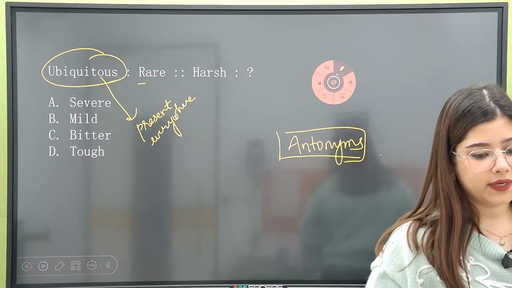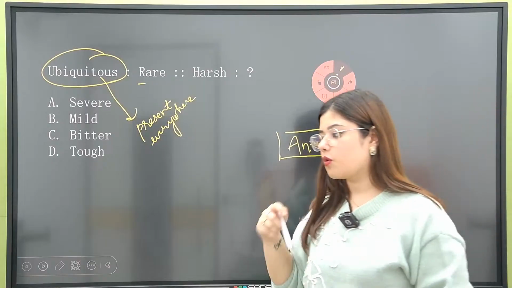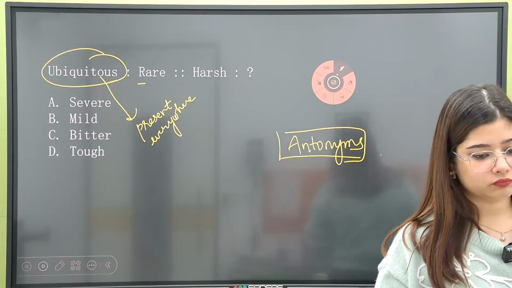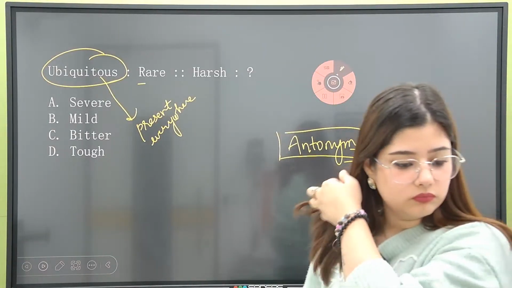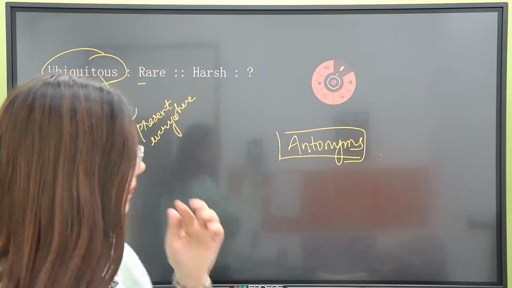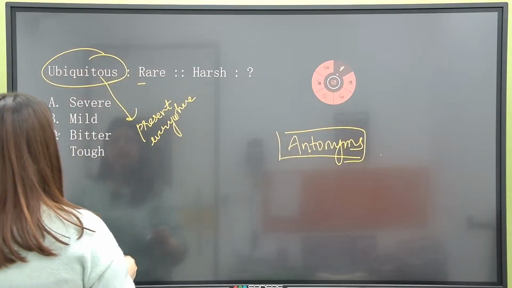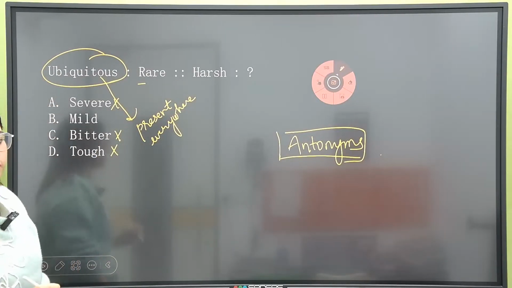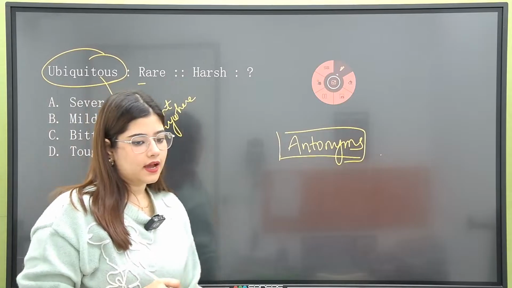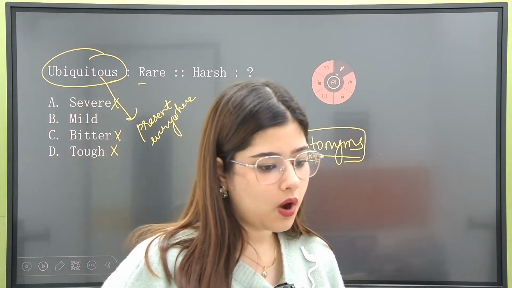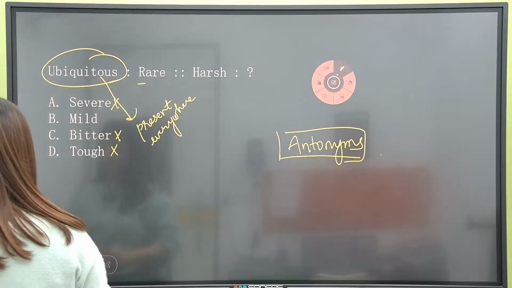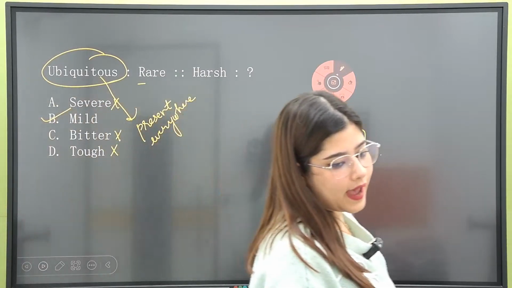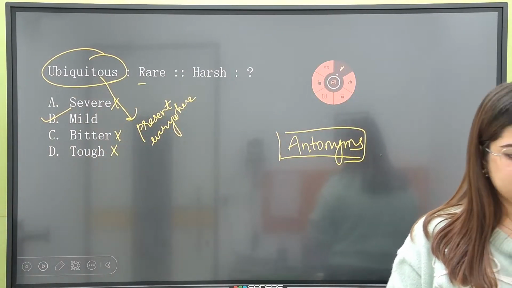So, we need to find a word that is opposite in meaning to harsh. It cannot be severe, cannot be bitter, cannot be tough, as they are somewhat closer in meaning to harsh. So we will have to choose mild. Something which is not as harsh is mild.